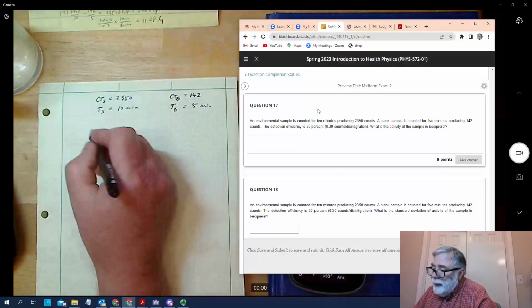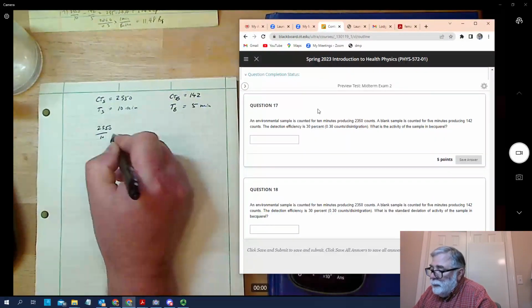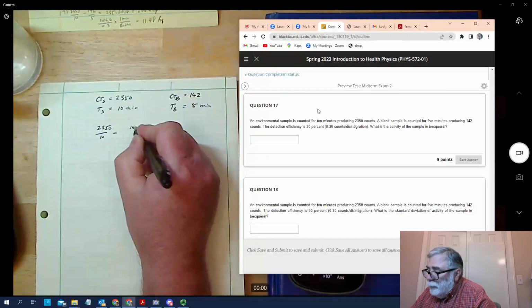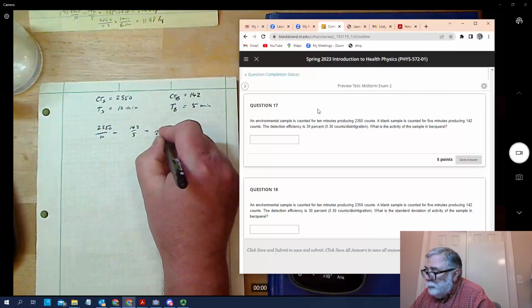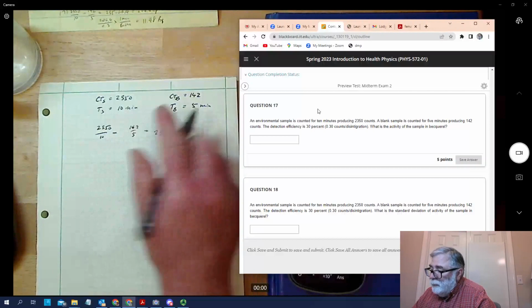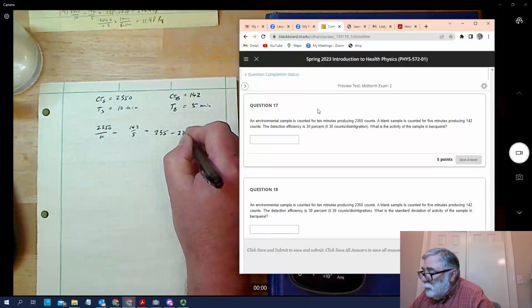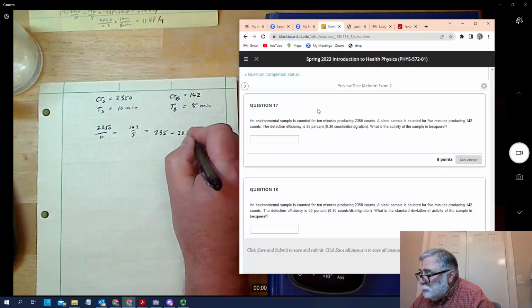Okay, so what's the net count rate? 2350 over 10 minus the count rate from the background, 142 over 5. Well, that's 235. What's 142 over 5? That's the same as 284 over 10, which is 28.4.